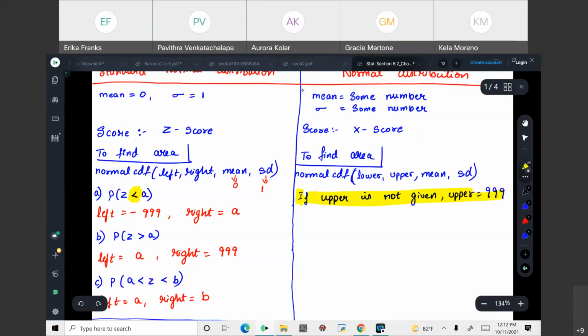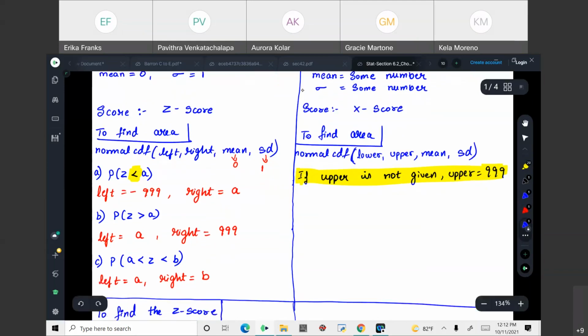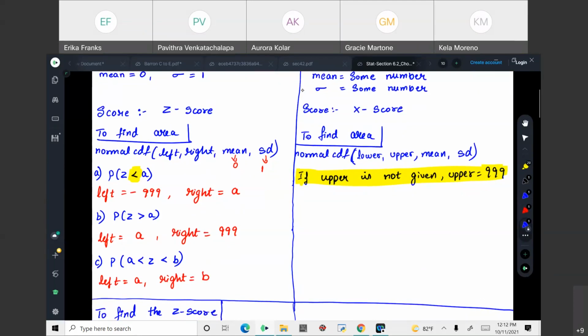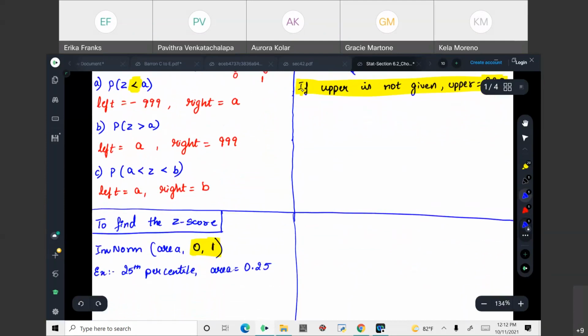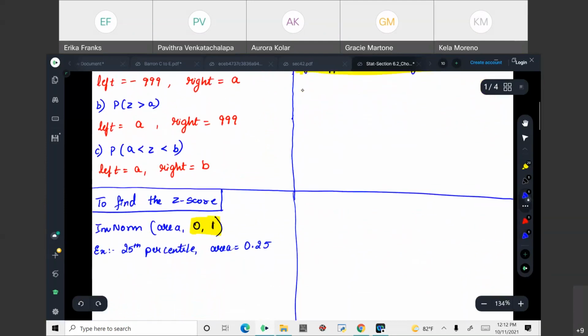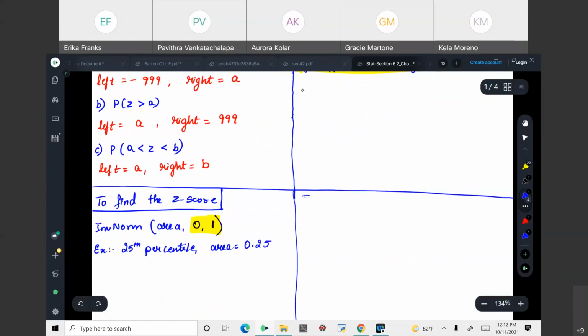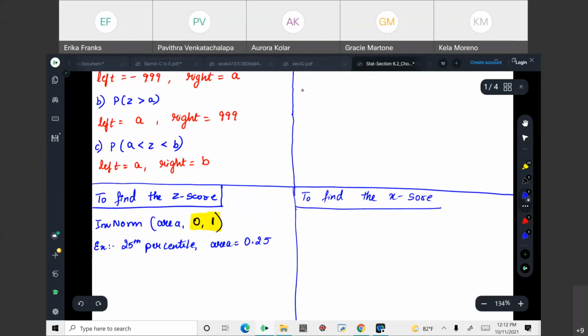So the rest is the same. Lower and upper, mean, standard deviation, everything will be given in the problem. Now, to find the x-score, we use the same formula and in the same way.